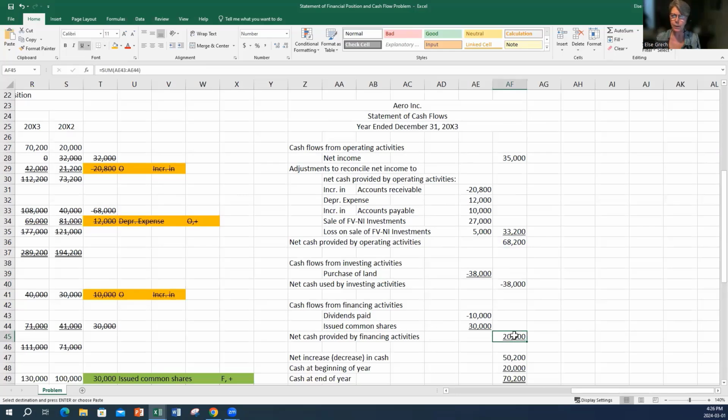And that's a critical piece of information for users to predict what may happen in the future. Basically, the users can use it to determine the amount, the timing, and the uncertainty of future cash flows. And keep in mind, it's showing users the flow of cash. So where is cash coming from and where is it going to?